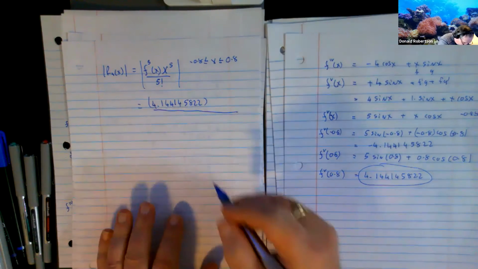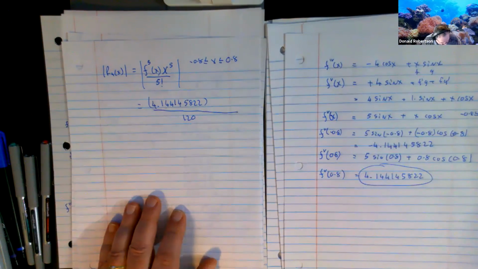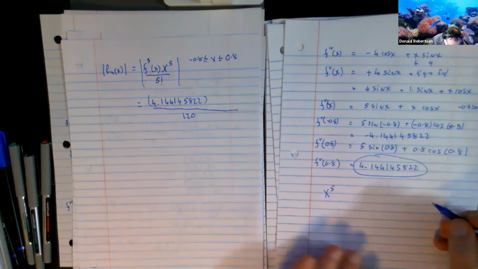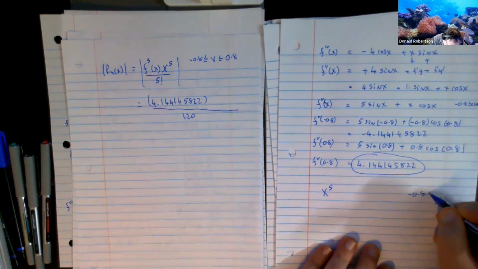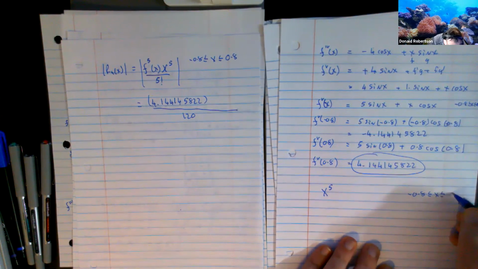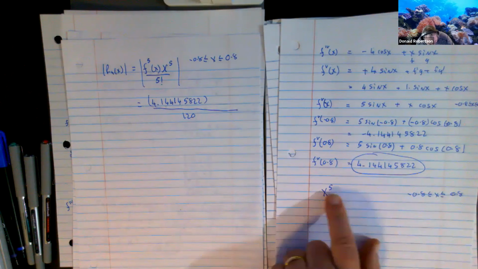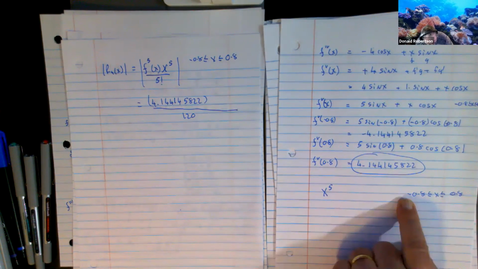5 factorial, you just have to check that, but it's 120. Right, I just need to find out what this guy is in this range. Would you agree that the biggest number might be happening somewhere at the end, right?